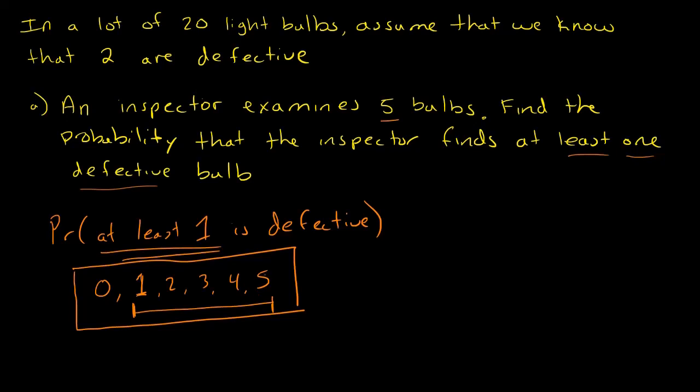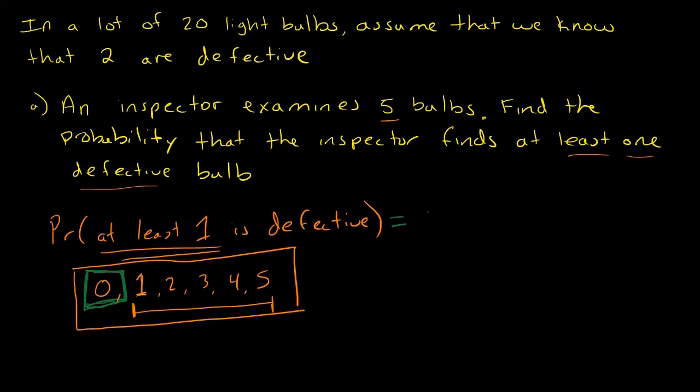It's always easier, or most of the time it's going to be easier, whenever you see at least one, to start thinking about the complement. What is the complement? What is not at least one? Not at least one is 0. 0 are defective.